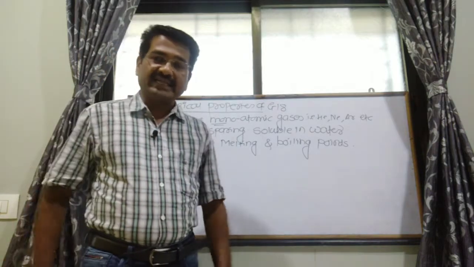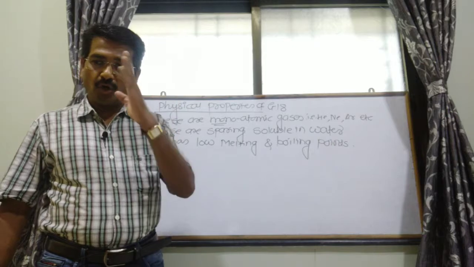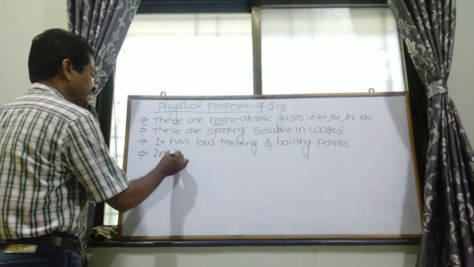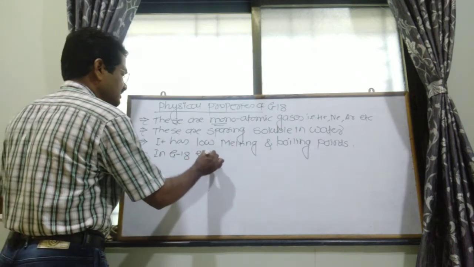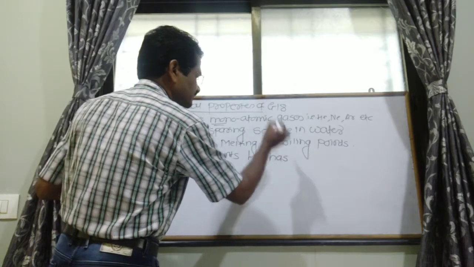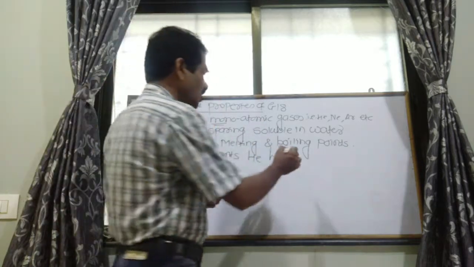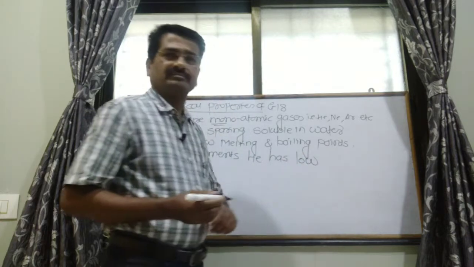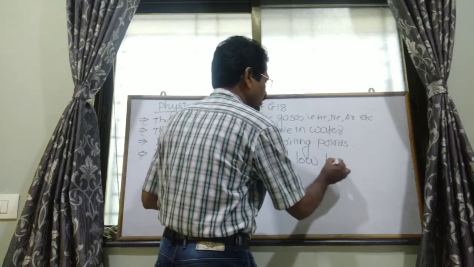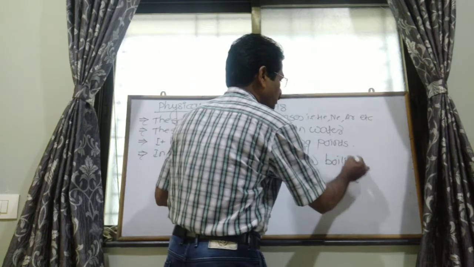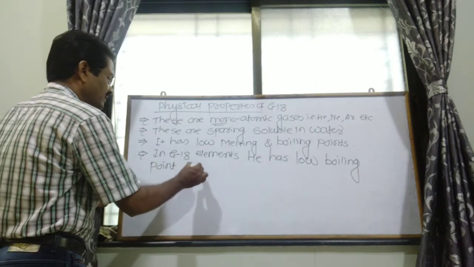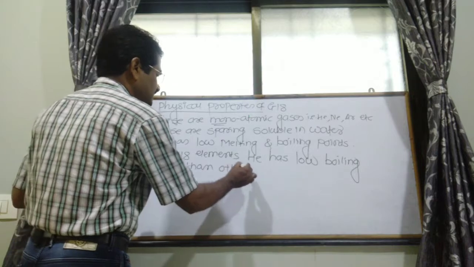In Group 18 elements, helium has a very low boiling point than the other elements.